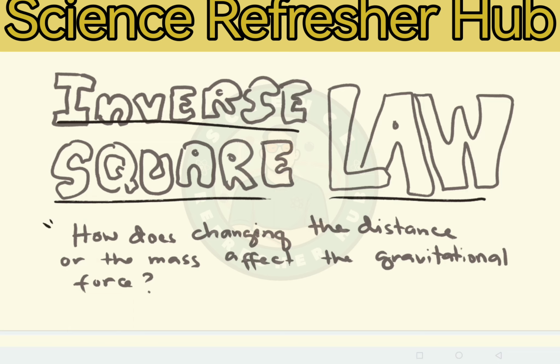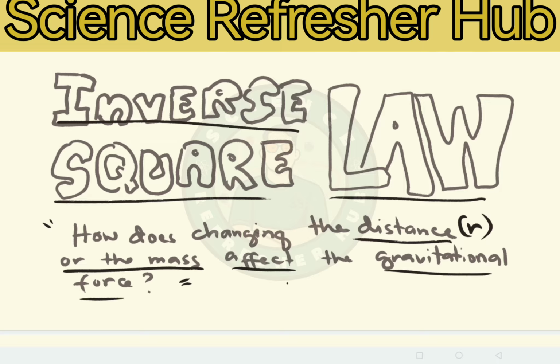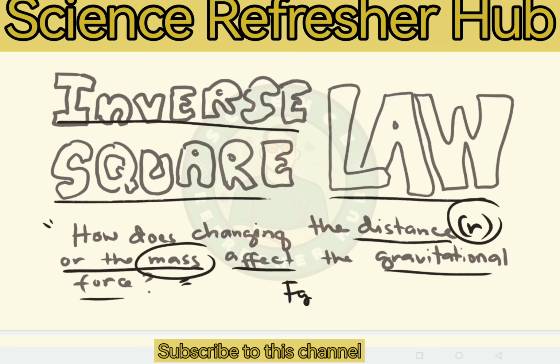It just asks this question: how does changing the distance r, or the mass, affect the gravitational force, or the Fg? How do r and the mass affect the gravitational force?